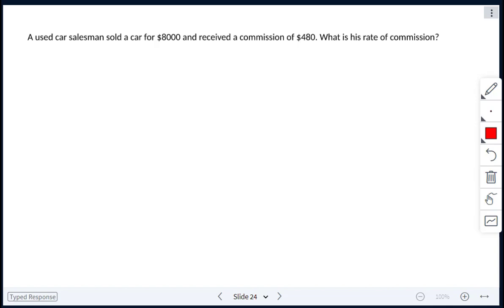All right, so let's set this up. So $8,000, that's the 100% value. And he received a commission of $480, so that's going to go there. We don't know his percent commission or his rate of commission.